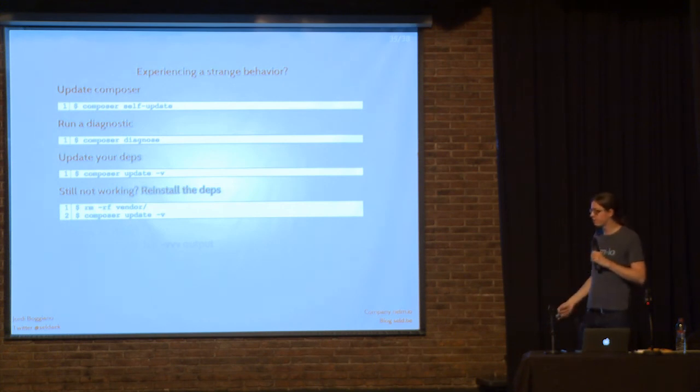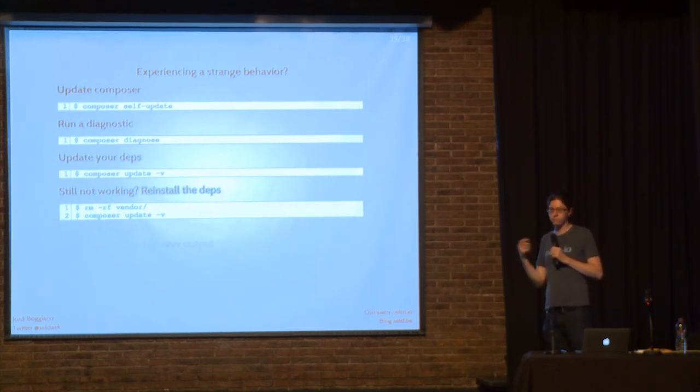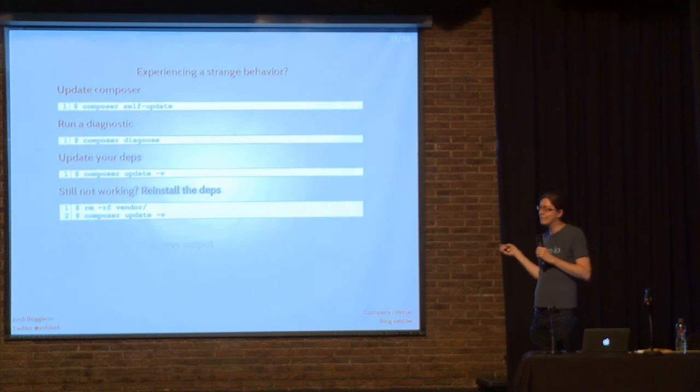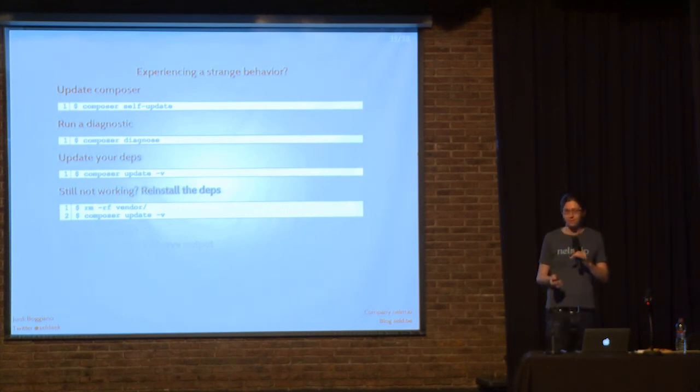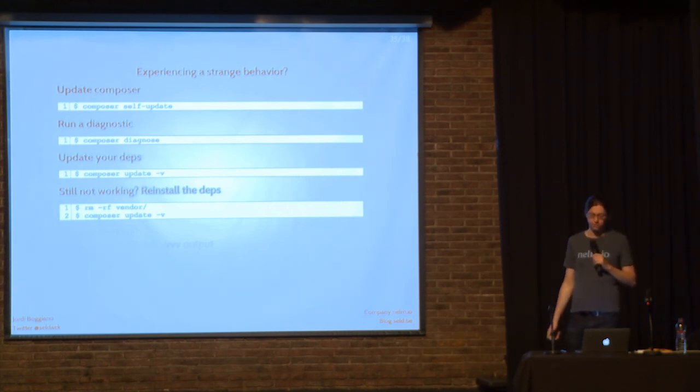If you have really weird problems when running updates, sometimes removing the whole vendor directory helps. It really shouldn't make a difference, but there are still a few edge cases where it can be in a bad state, and this will unlock it.